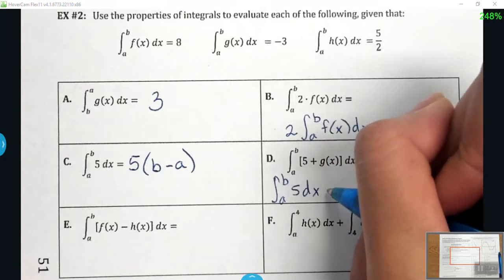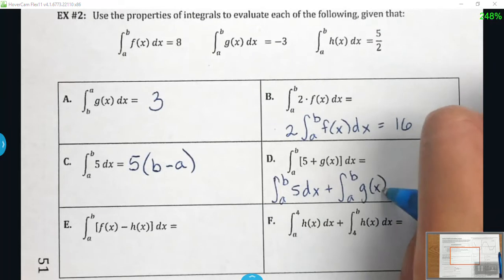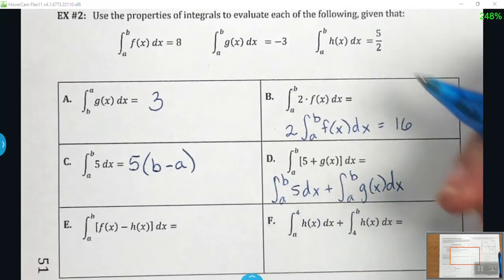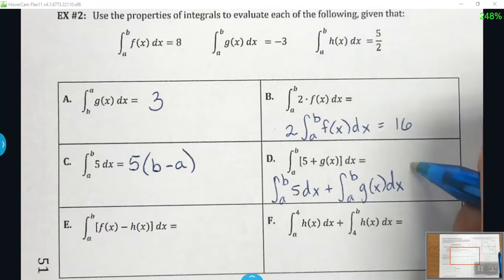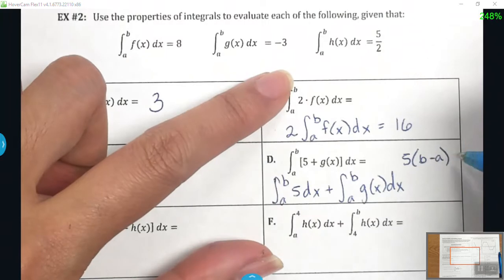The dx gets distributed as well. So we already know that. We did that one already. That's 5 times b minus a. And then the integral from a to b of g of x is -3, so just -3.